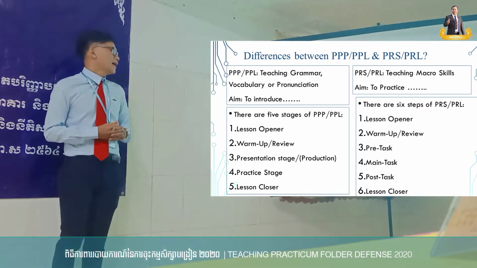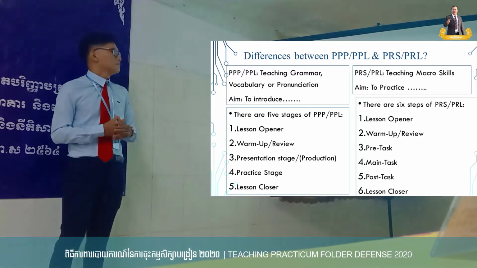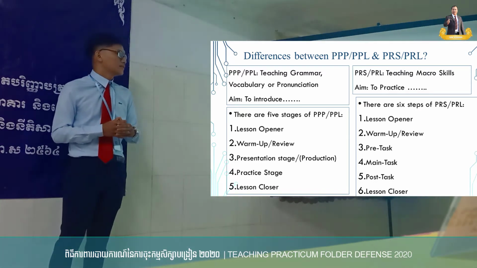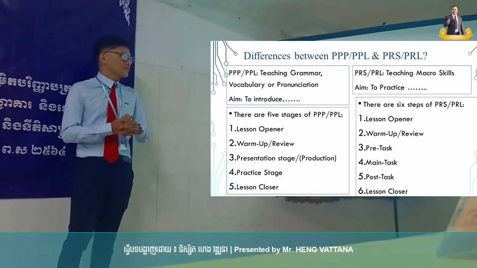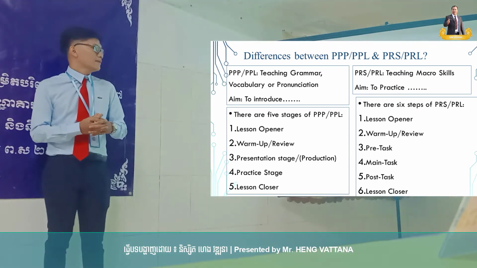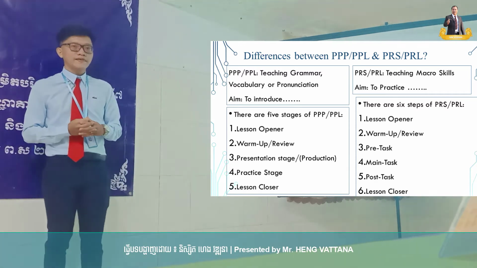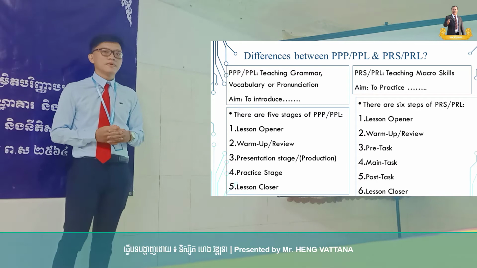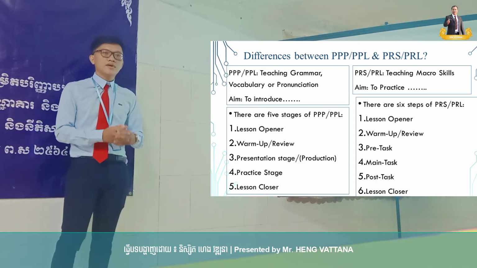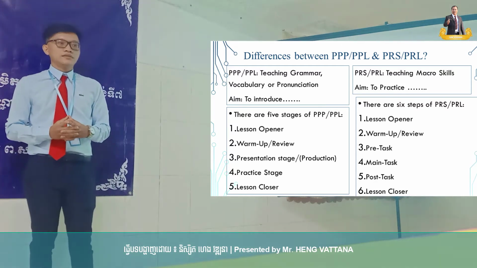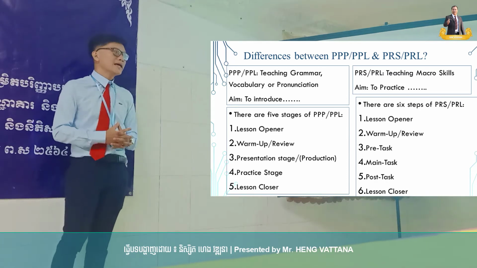In contrast to PPP, the PLS stage is divided into 6 stages. The first and the second, as I told you already, are the same as PPP. The third, pre-task, refers to the teacher giving the students instruction or teaching them something related to the lesson. And the fourth is the main task.